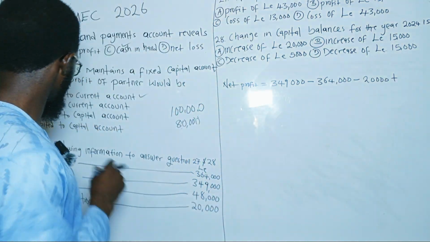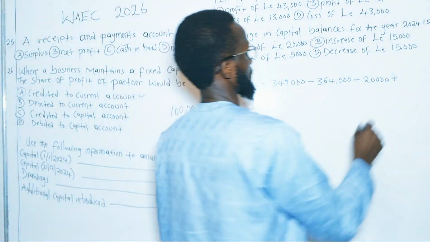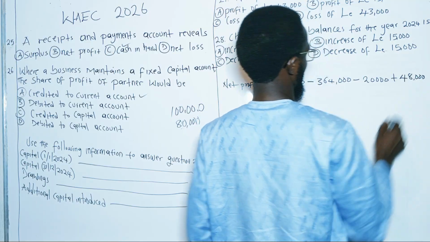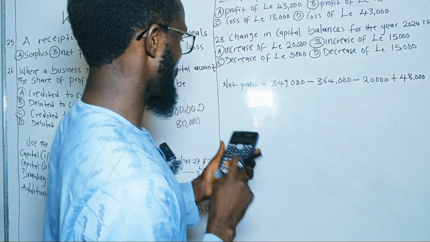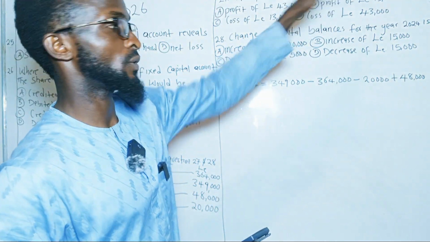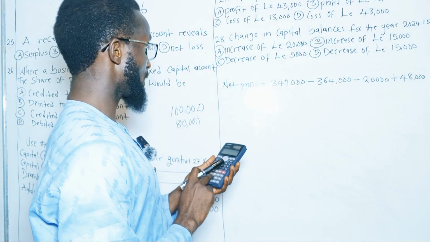If there are drawings, they are going to add it, 48,000. So let's see. We are trying to determine our net profit or net loss for the period.